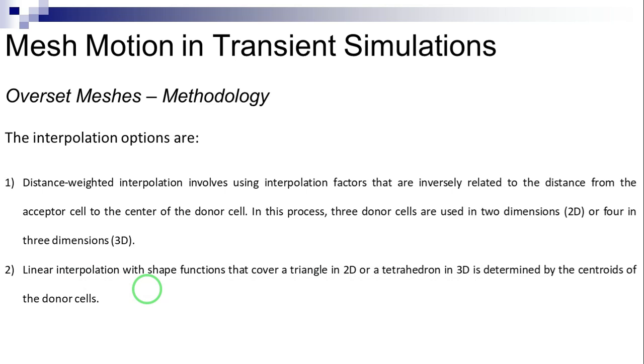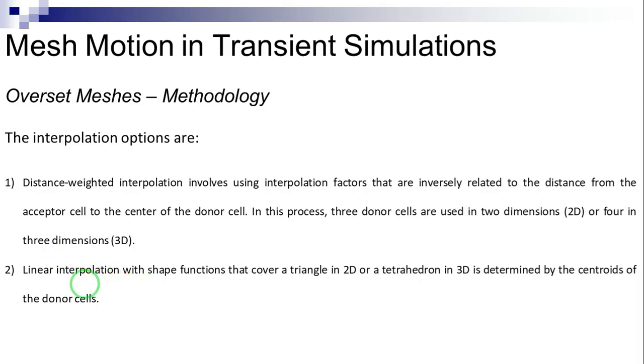The selection of donor cells is not definitive, since multiple donor cell centroids that encompass the acceptor cell centroid can create more than one triangle or tetrahedron. This ensures that the interpolation remains smooth as the acceptor cell centroid transitions from one interpolation element to another.